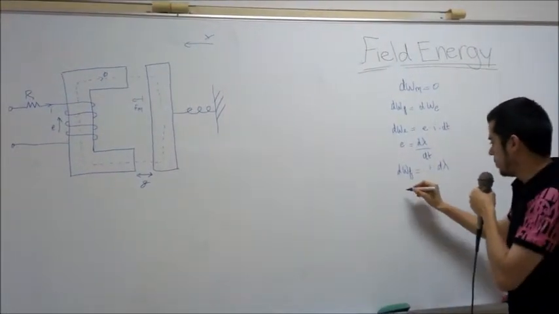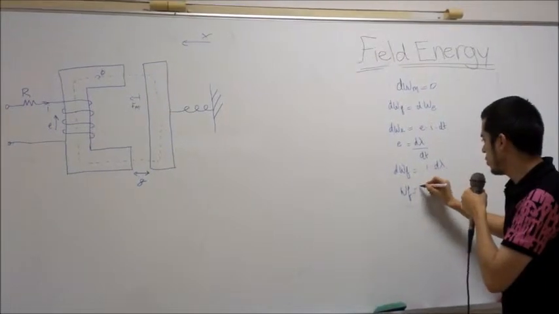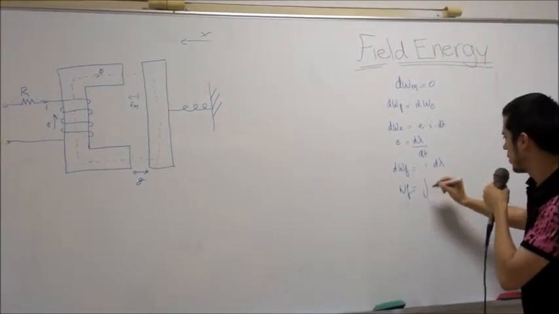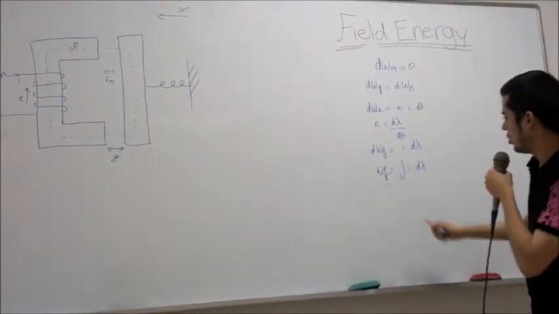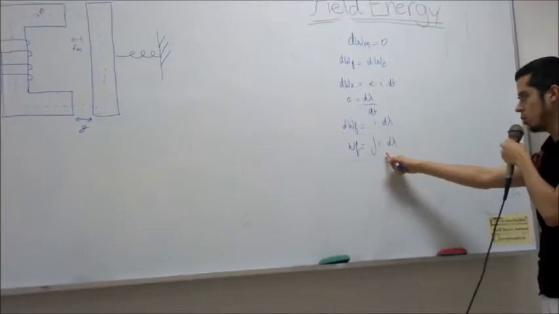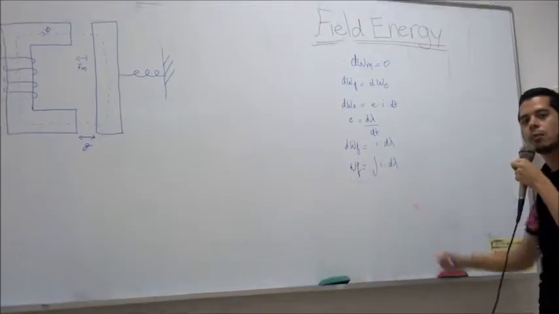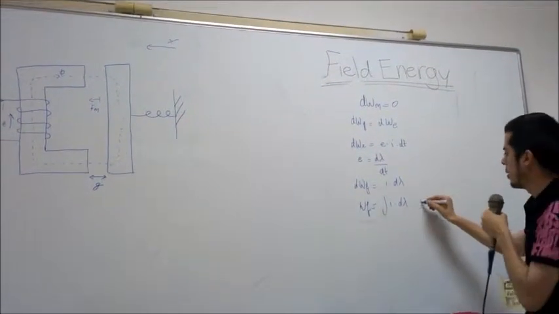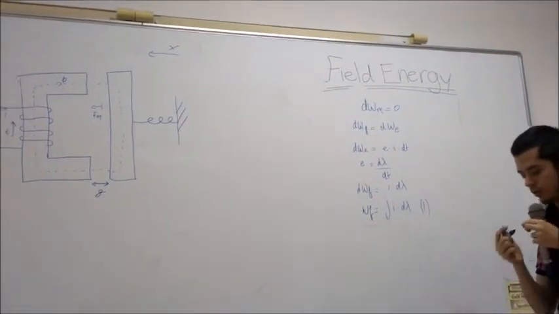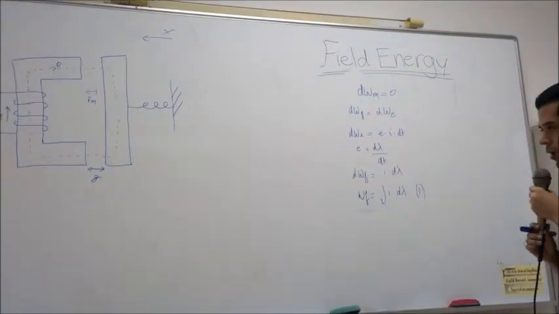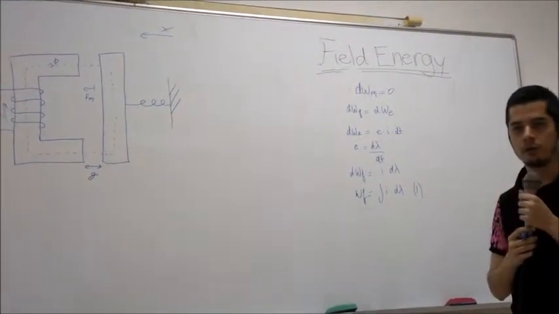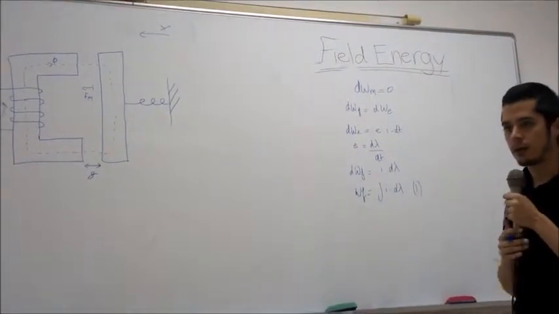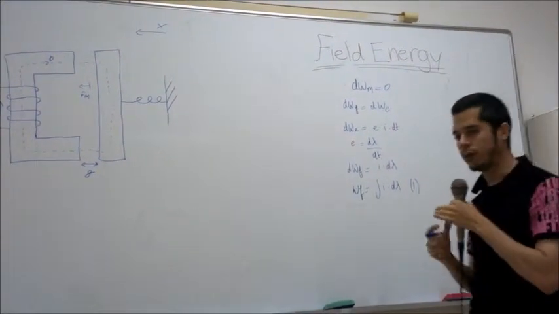So the field energy is just the integral of this, and so we have the integral of i times delta lambda. Now this equation is very handy. We can now derive an expression for a magnetic system.